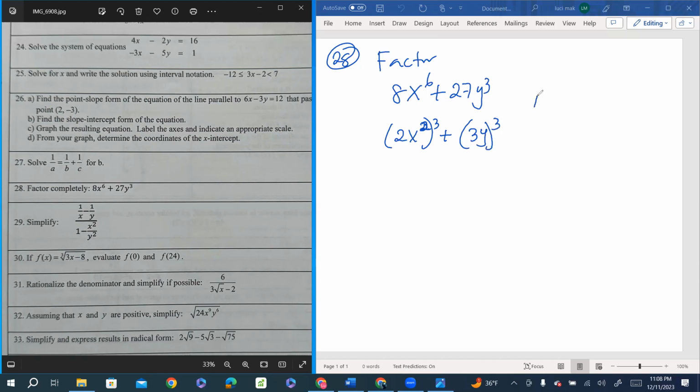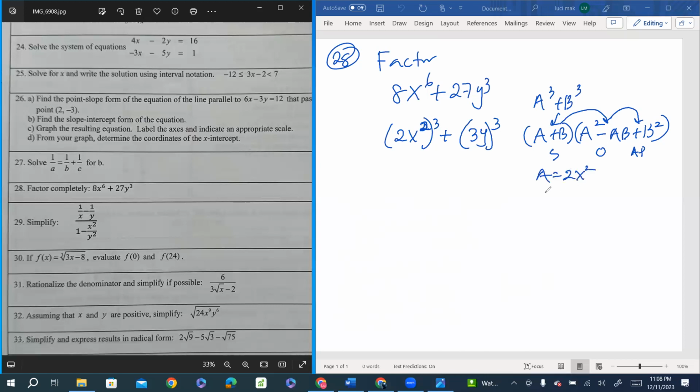Now the formula for a cube plus b cube is a plus b times a squared minus ab plus b squared, if you remember. So same, opposite, always positive. Remember here, a is 2x squared and b is 3y.